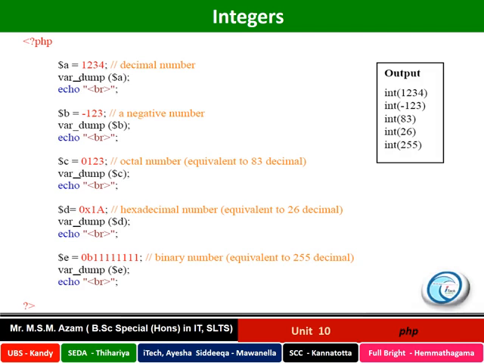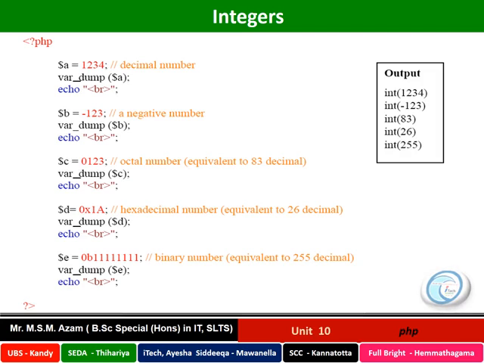This is an octal value assignment to the variable c. Actually, octal value 123 is equivalent to the decimal value 83. So when you type var_dump $c, it returns the data type as integer and the value of c as 83. The reason it displays the value in decimal even if we declare it in the octal number system.